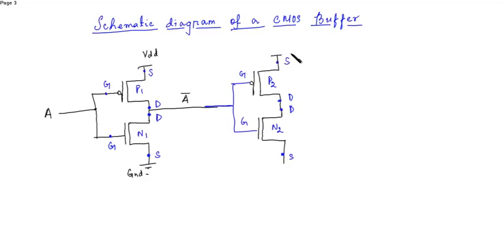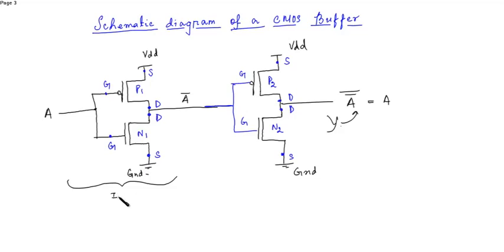This is also connected to VDD, this is also connected to ground, and this is the output, that is A bar whole bar. We can take this output as Y. Y is equal to A bar bar, that is equal to A. The output of the inverter 1 is the input to the inverter 2.